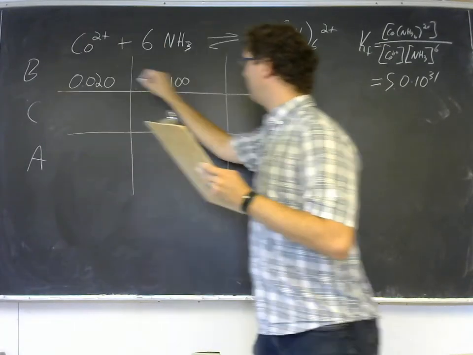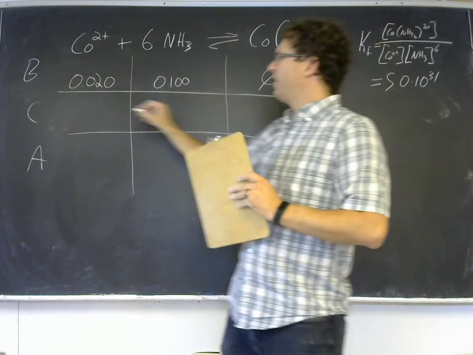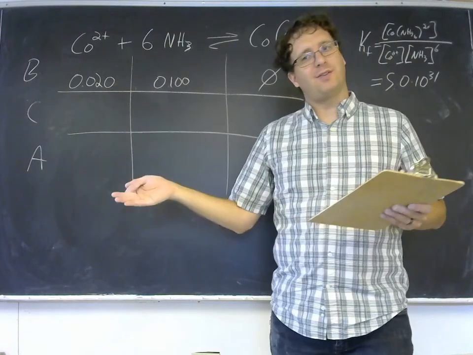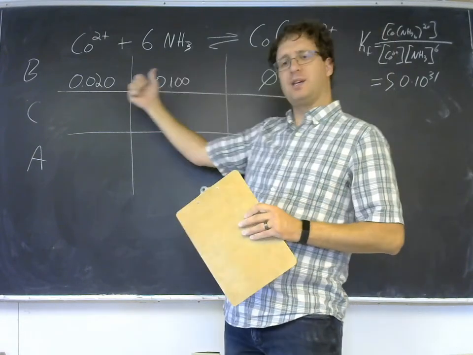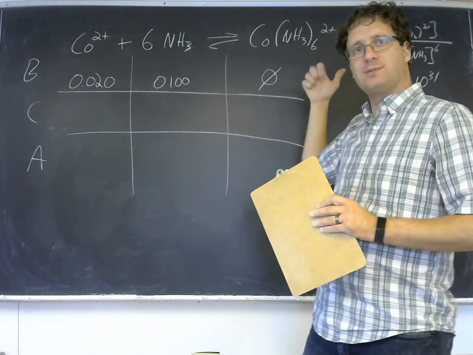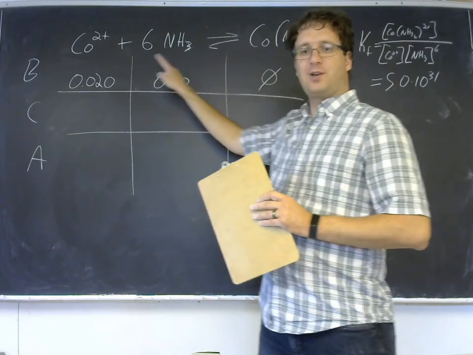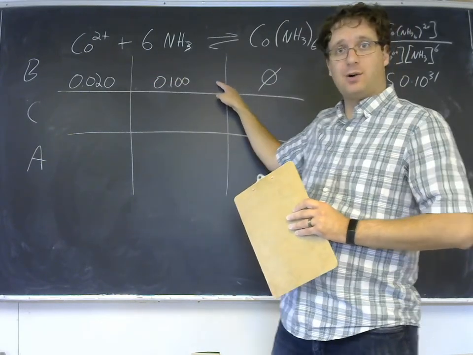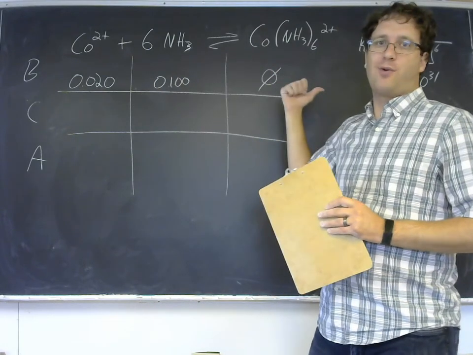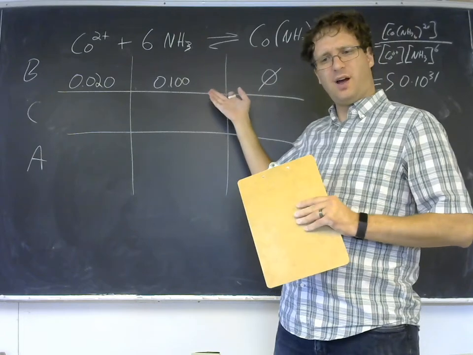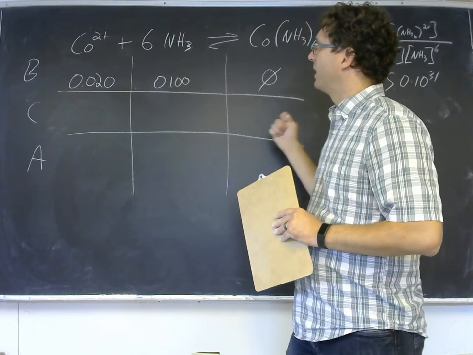These are the before amounts, the change, and the after. So what is the amount of change? Well, I'm going to make this reaction go forward as much as it possibly can. One of these is going to be the limiting reactant, and so I'll drive the reaction forward until the limiting reactant reaches 0. Well, let's just quickly figure out which one is the limiting reactant.